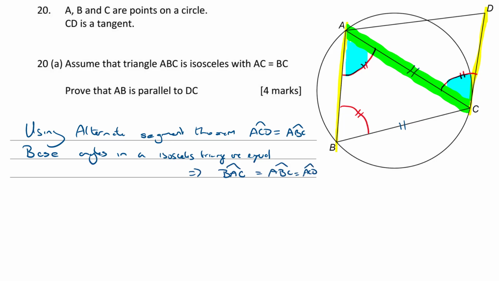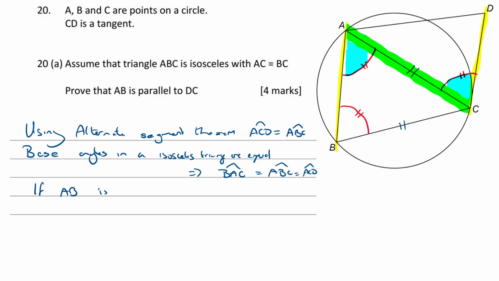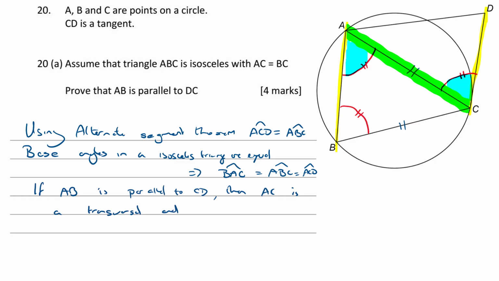And then we can say, if AB is parallel to CD, then AC is a transversal and angle BAC is alternate to the other one.